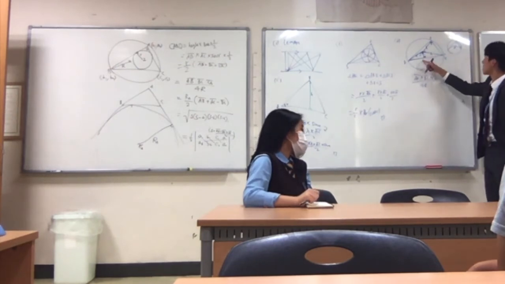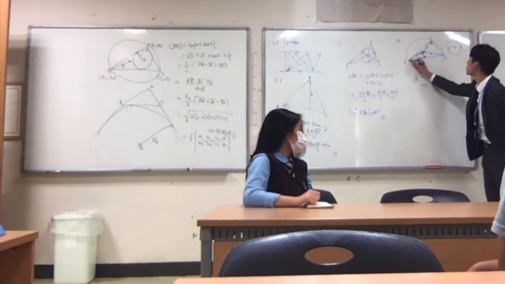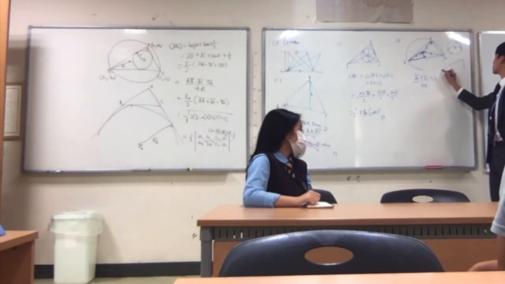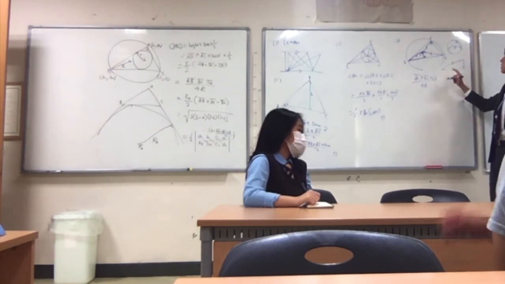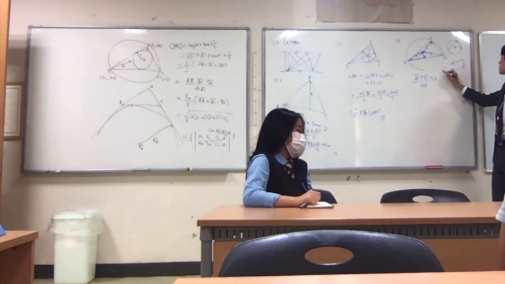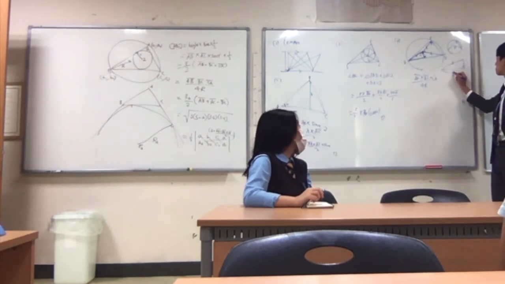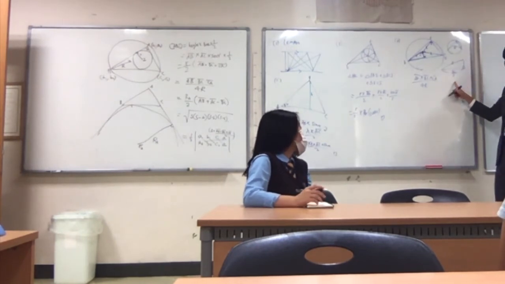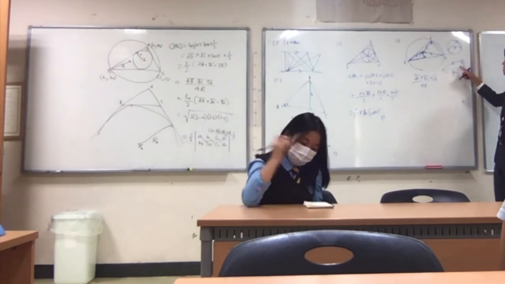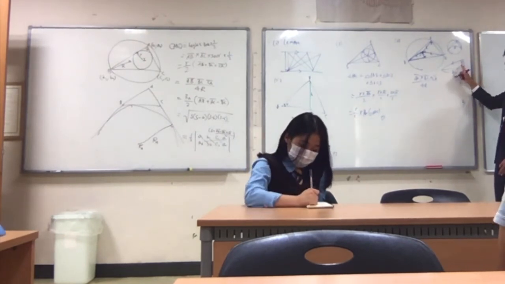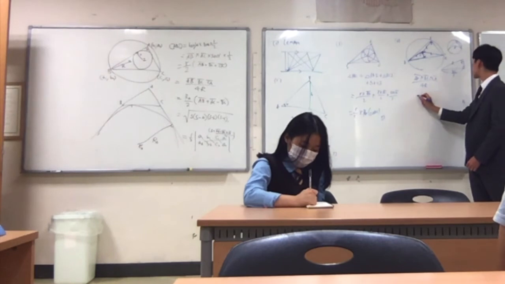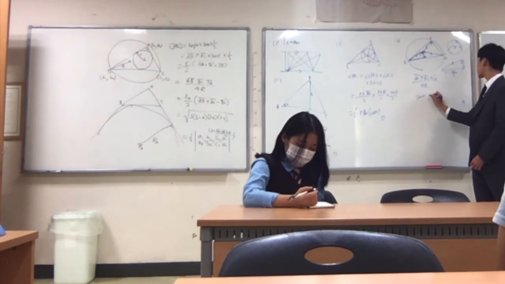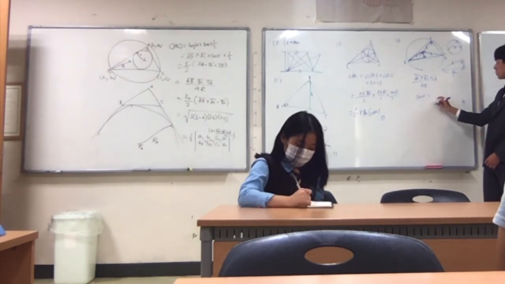So let's enlarge this one. Let's look at only this thing here. We know that this length is R, this is BC divided by 2, and this angle here is alpha. Then using trigonometry, sine alpha equals, what would this equal?